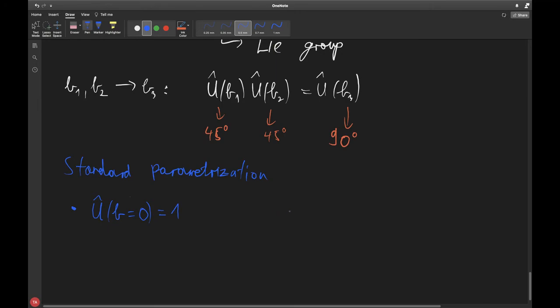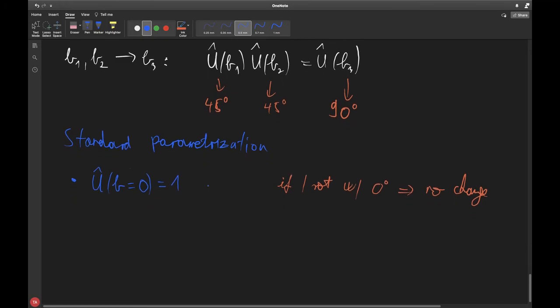So, going with this example again, if I rotate with 0 degrees, then it doesn't do anything. There's no change. Everything in blue is abstract, but everything in orange is just a very specific example with rotations.